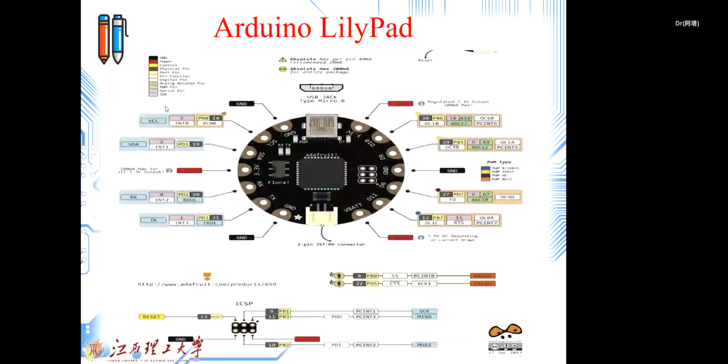And if we want to have a close look at the LilyPad also, this is the last revision, I think, of the LilyPad, because compared to the figure that I showed you, they have made some changes, especially for the programming jack or the USB part. And you will see again that we have RX and TX as the serial port, the I2C protocol here, and also SPI.